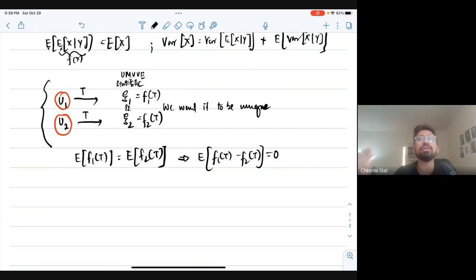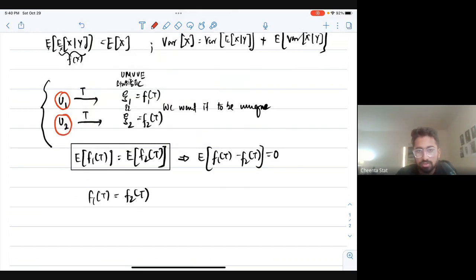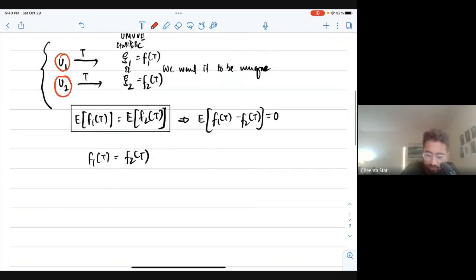We want to impose conditions so that it becomes unique. What condition will make it unique? If the expectation of f1(T) is equal to the expectation of f2(T), we want f1(T) to be equal to f2(T). The UMVU is obtained by the sufficiency procedure that I showed above, plus that smoothing property.